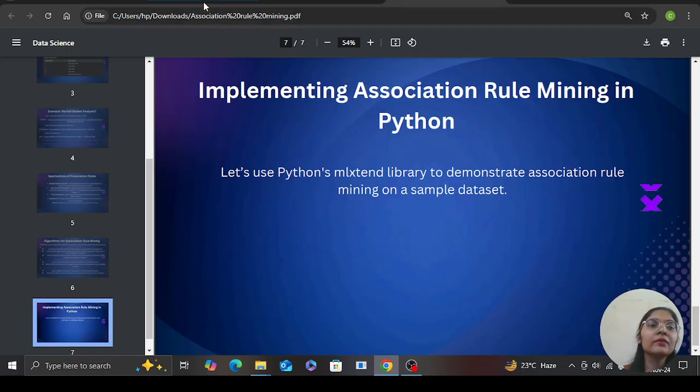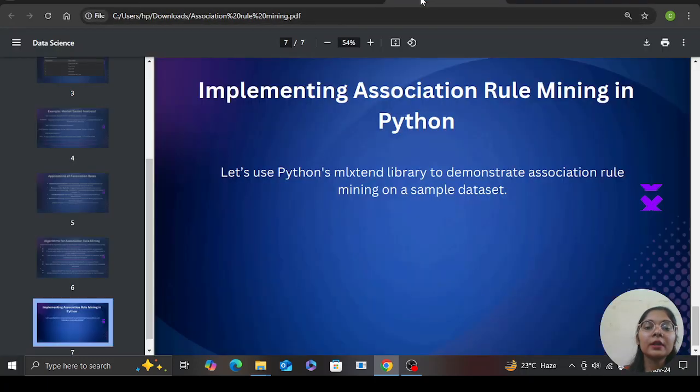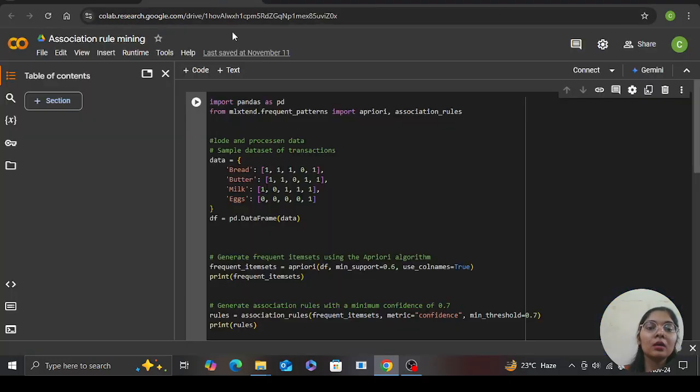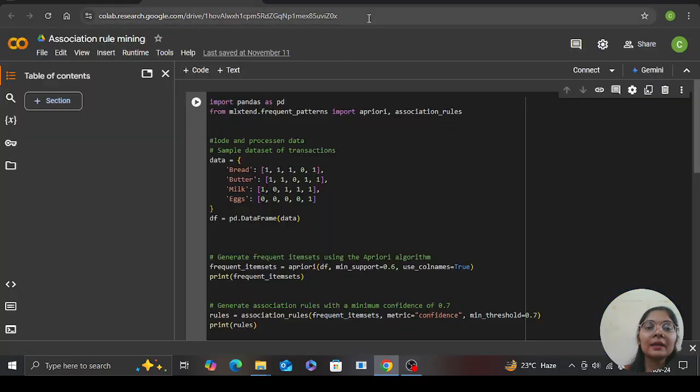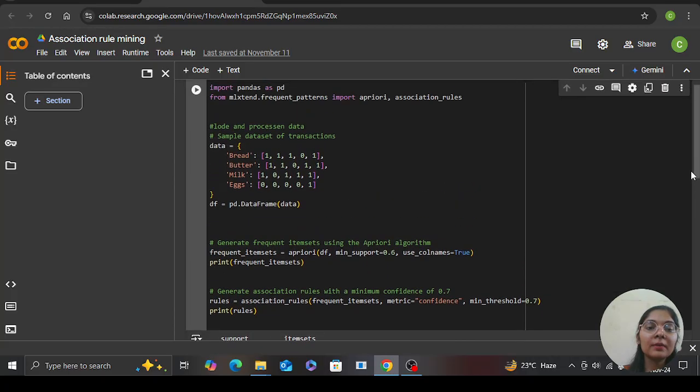For understanding this, we come to our code editor. As we have studied, the mlxtend library, we have first imported this and loaded the data set which we have taken for market based analysis, related to bread, butter, milk, egg.